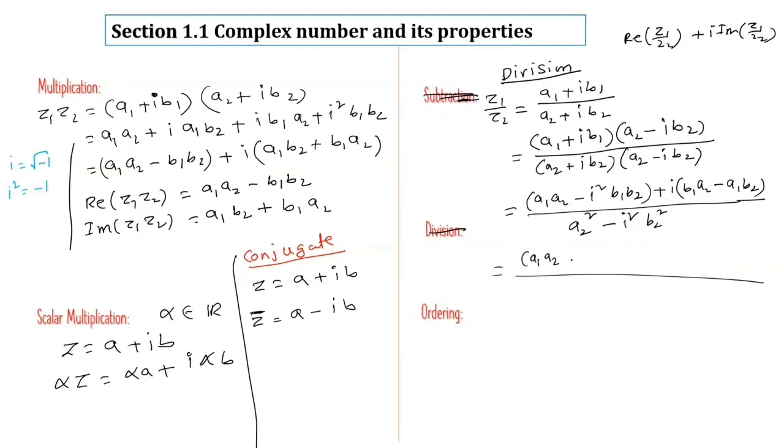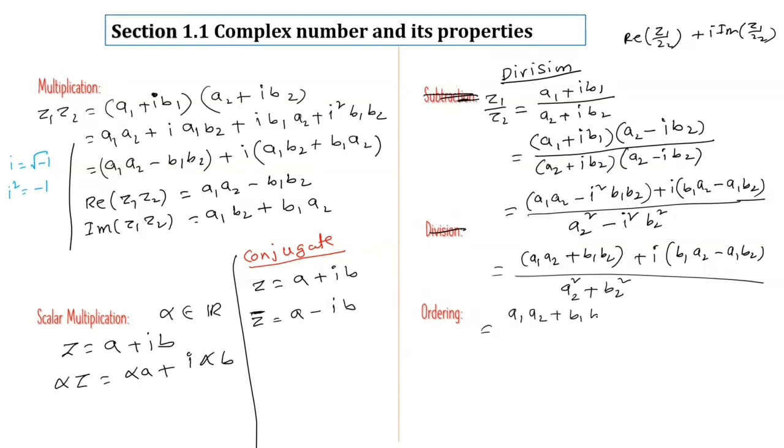Then again iota square is equal minus 1, so we will have a1 a2 plus b1 b2 plus iota b1 a2 minus a1 b2 over a2 square plus b2 square.